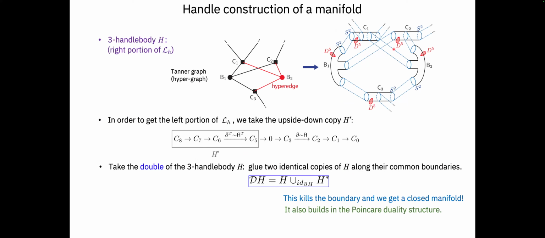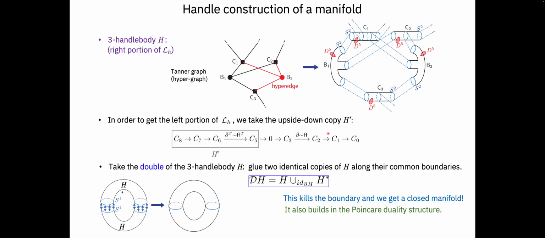And this process automatically builds the Poincare duality structure, that there's an isomorphism between the homology and the cohomology group with complementary dimension, due to the symmetry we are building. A simple example is that you can glue two handle bodies into a torus, which is similar to what we are doing here.